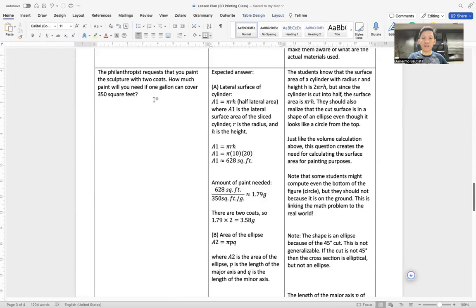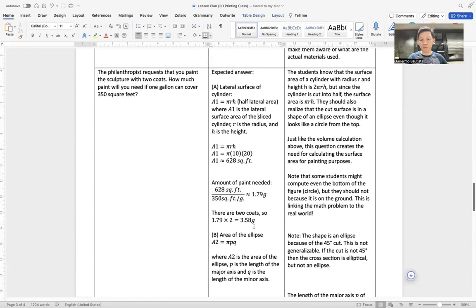And it said that 1 gallon can cover 350 square feet, which means that you have to divide the number of square feet by 350. So here the amount of paint needed is 1.79 gallons.